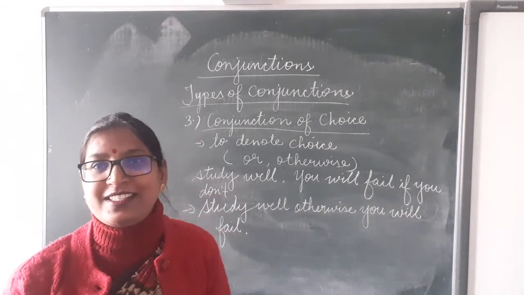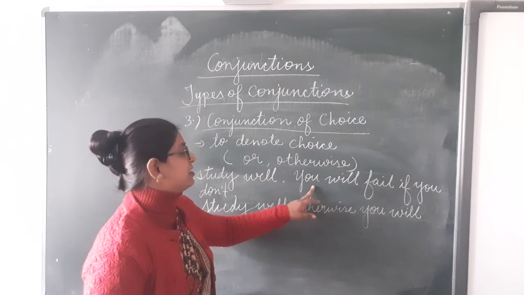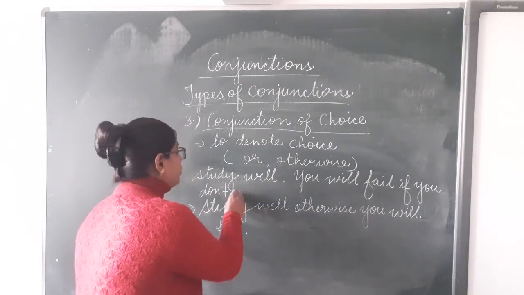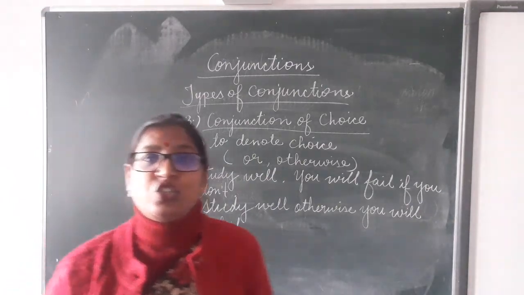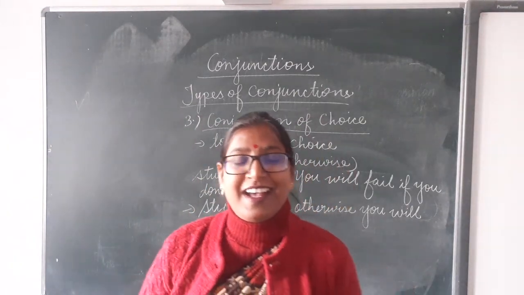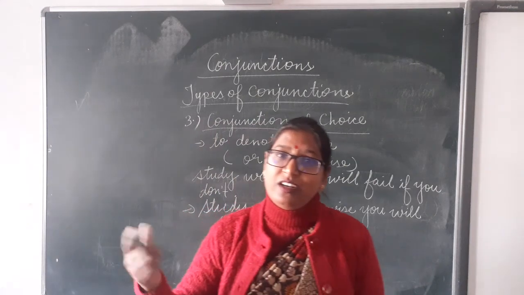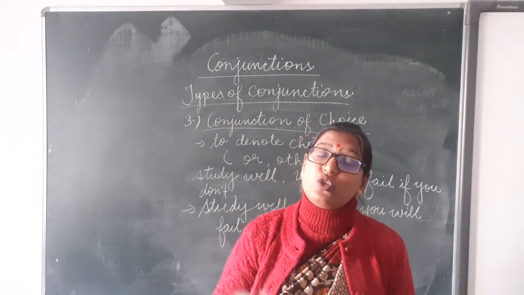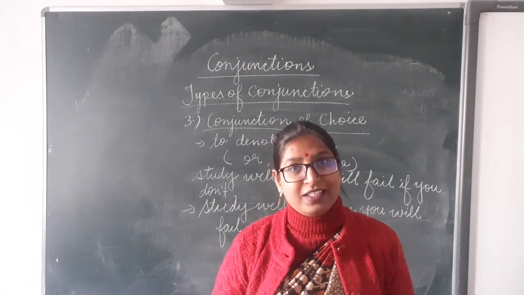Study well. This is the first sentence. Second is, you will fail if you don't. Choice is yours. Either you study well or you fail. Clear? And if you don't want to fail, you have to study.